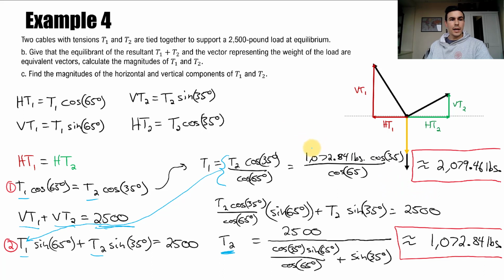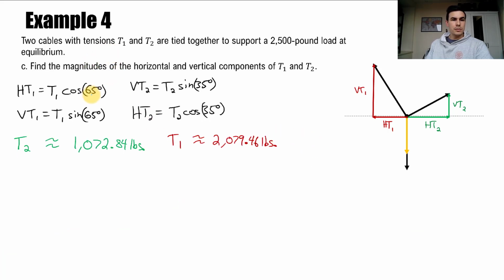Now part C, find the magnitudes of the horizontal and vertical components of T1 and T2. All we're going to do is take the equations that we found on the first slide of this example and the total tensions that we just found on the last slide, and start plugging some stuff in.